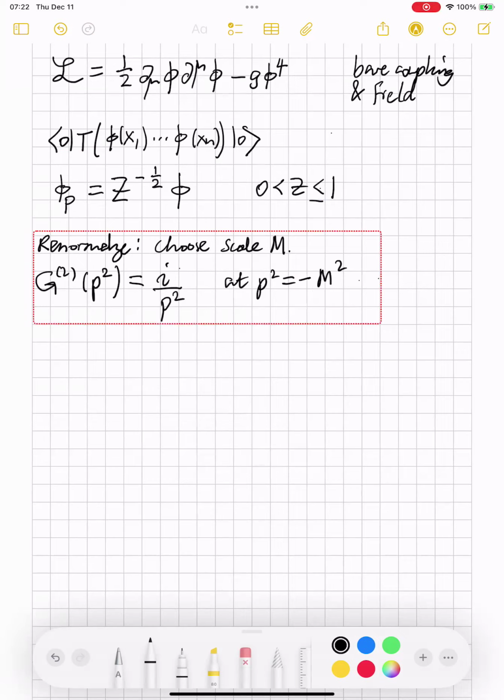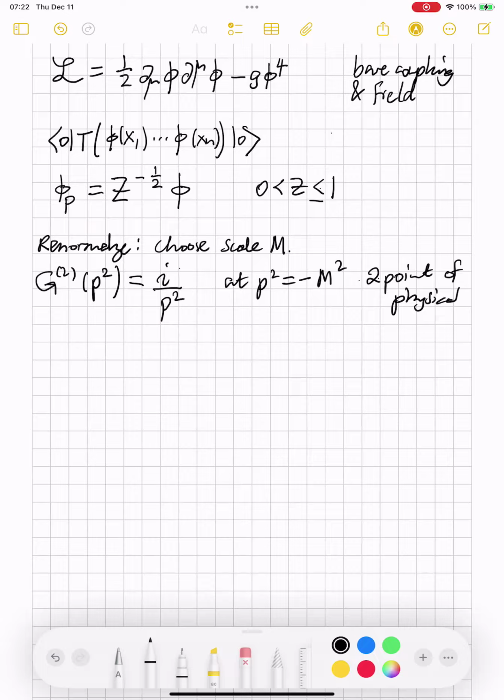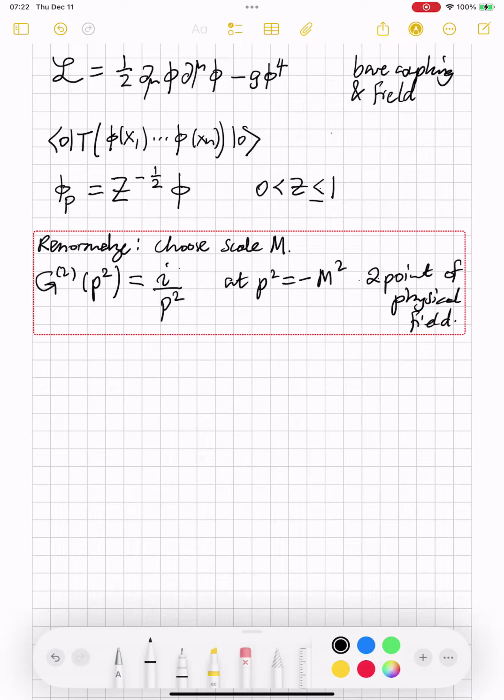So this would be our first renormalization condition, and this would be the two-point function of the physical field. Okay? To denote two-point functions of physical fields, let me put an R here to say it's been renormalized. Okay, so that's the first thing that we would choose.